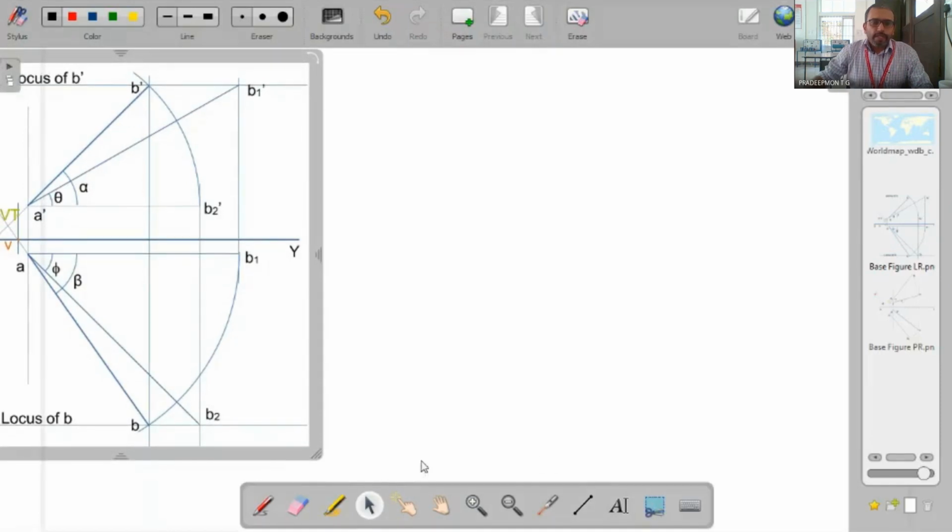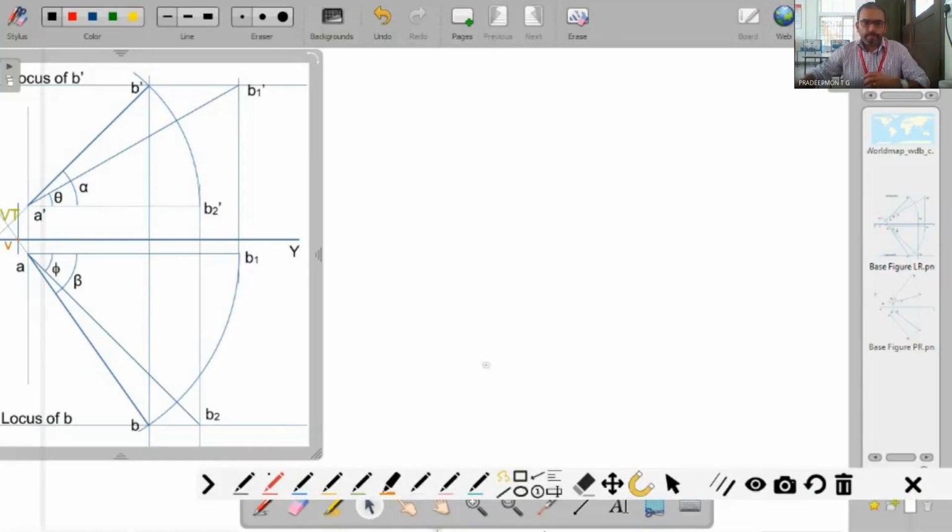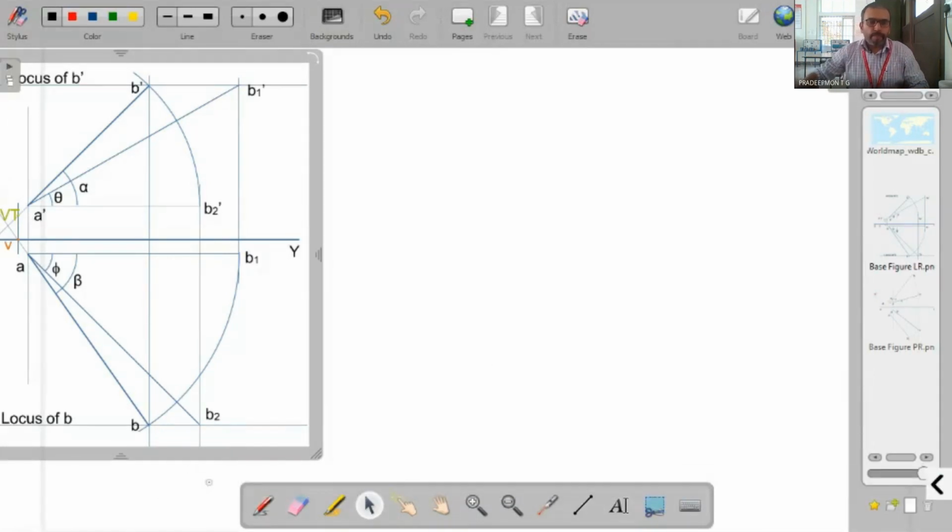And the values that are given are: the true length is 75. Here also the true length is 75. Phi equal to 45. Here alpha equal to 55. Then A dash is 10, and this is 50. So these are the data that are given. Now let's draw it.